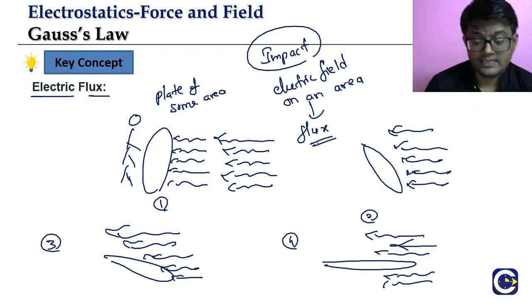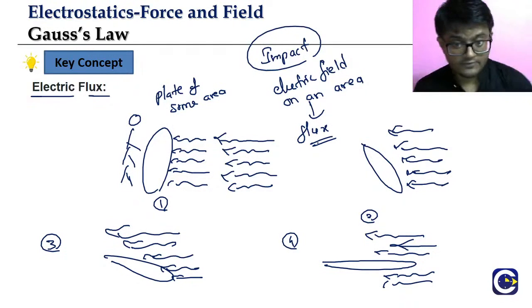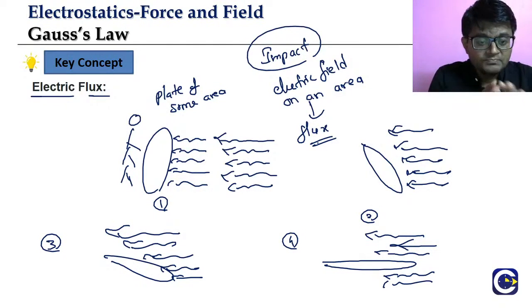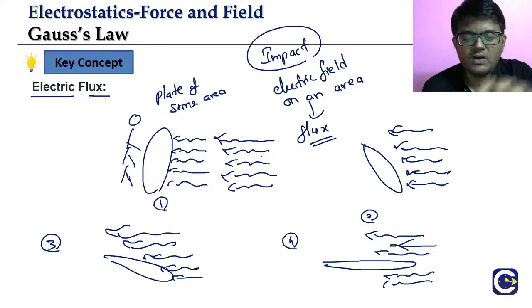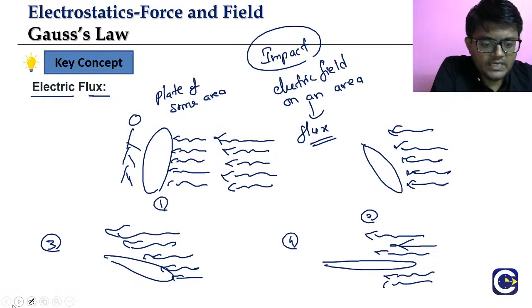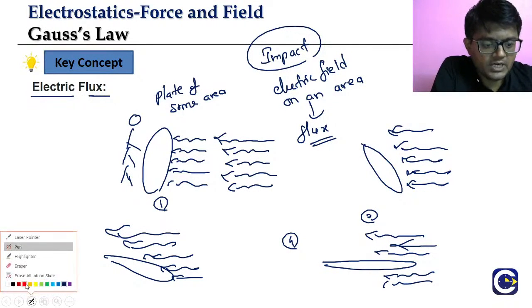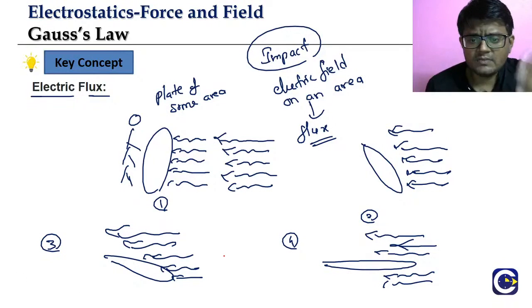I have drawn some lines here; in the properties of fluids we call these stream lines of water. Similarly, when it comes to electric field, think of electric field lines.